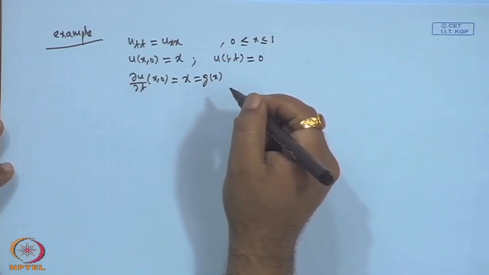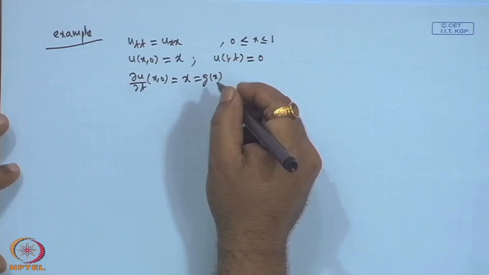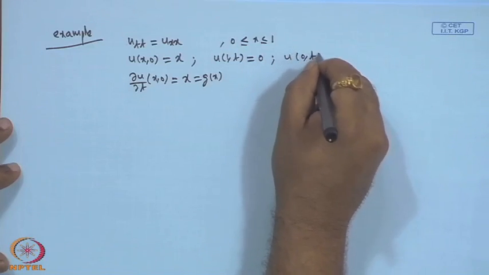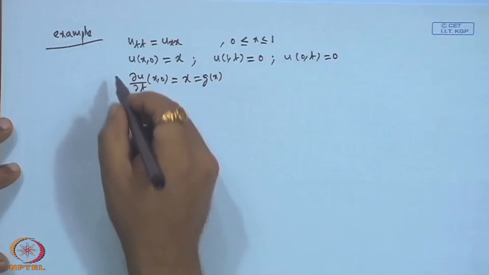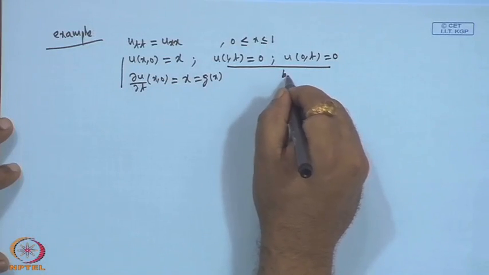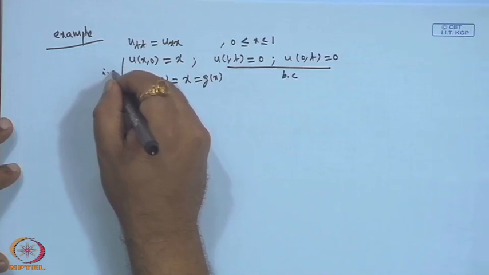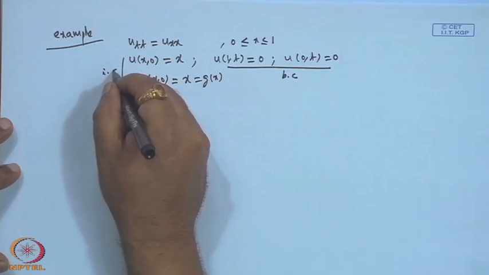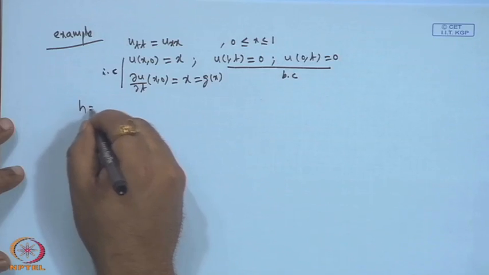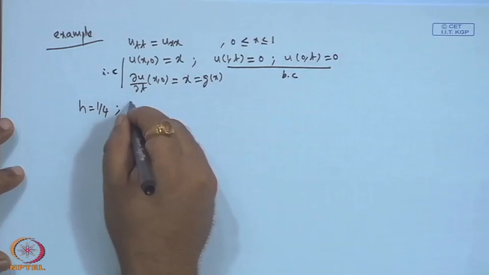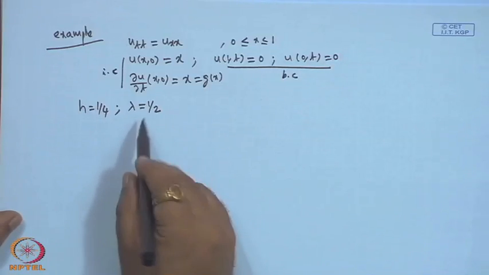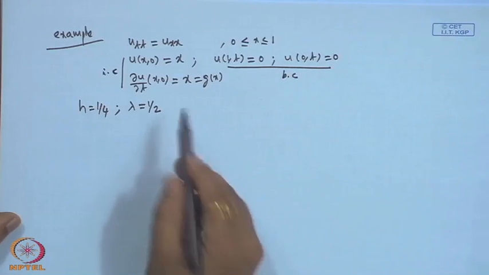Okay. So, these are initial conditions and these are boundary conditions. So, now we need to know h is 1/4, lambda is half. So, accordingly we solve for the time levels.